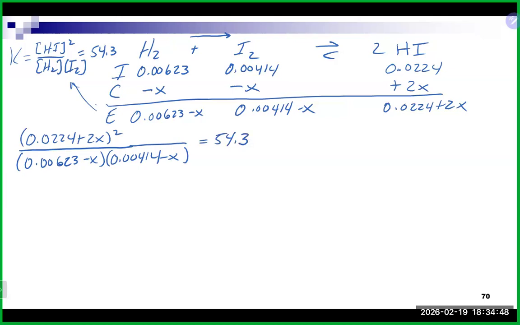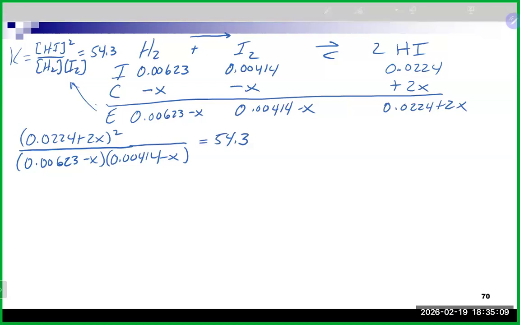Well, not a perfect square, right? So math time. We've got to factor out the top, factor out the bottom, FOIL method, in and out, whatever you learned. So I'm going to personally just do them separately. I'm going to do the top first and then do the bottom, put it all back together and see. And hopefully not screw up too badly. We'll see. All right, so why don't we just start with the top here?